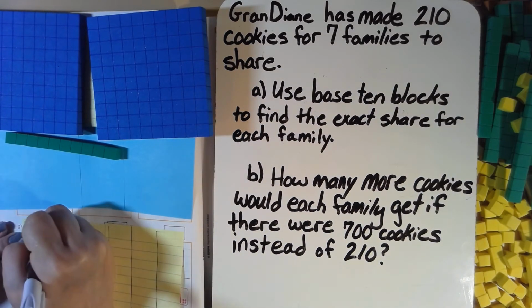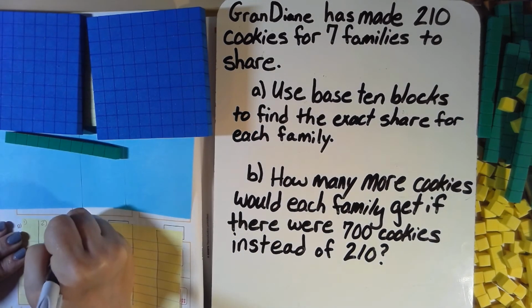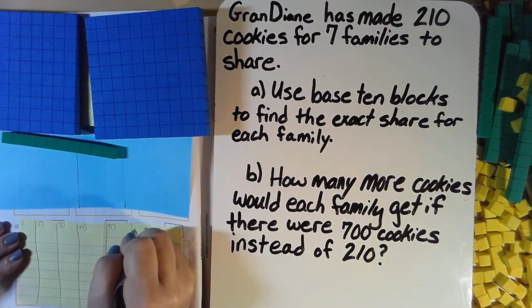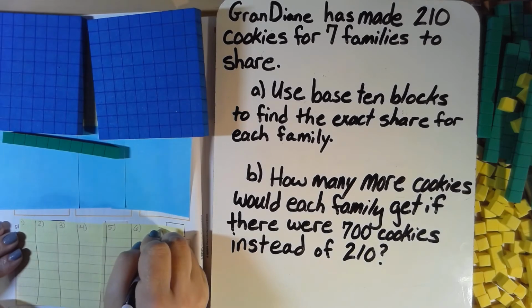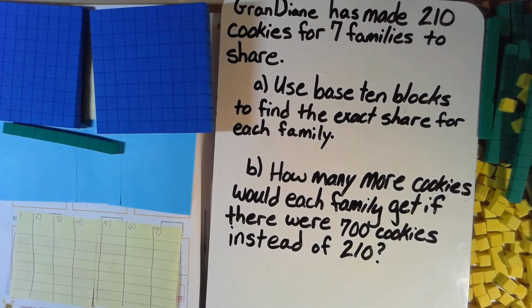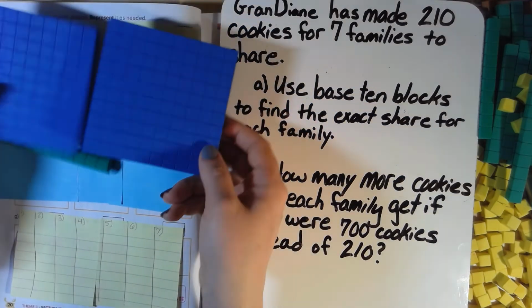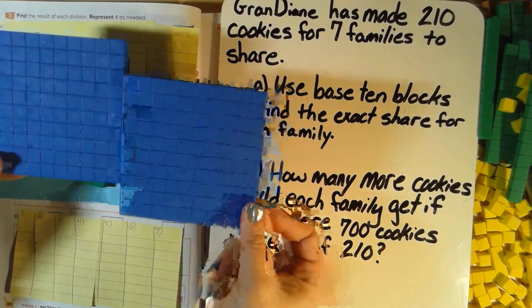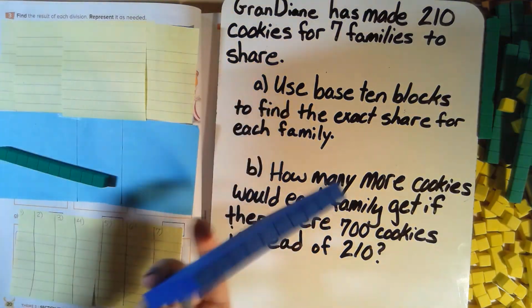Group 1, Group 2, Group 3, Group 4, Group 5, Group 6, and Group 7. Grandian has made 210 cookies for 7 families. And I want to share equally. I have 200. I know it's going to be very difficult for me to divide them into 7 when I only have 2 of them.